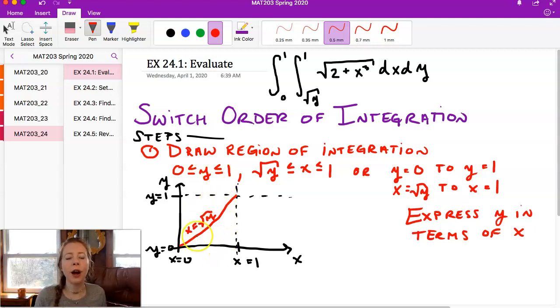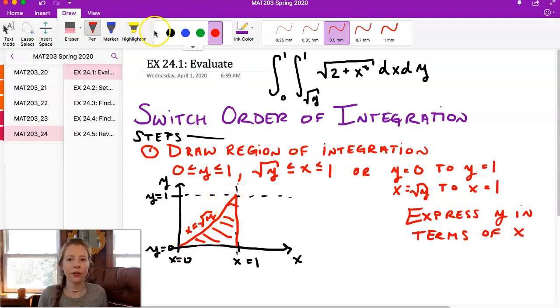And to figure out which region we're integrating over, well, we're going from 0 to 1 for the y. And so we're going to have our boundary to the right of the curve here, and we're going to shade below. Okay, so this includes 0 to 1 in the y shaded, and it also includes the square root of y, which is 0 here, all the way up to x equals 1 in the x.